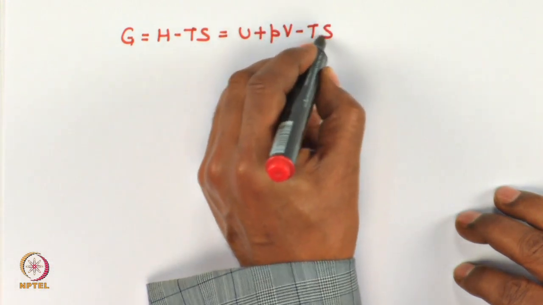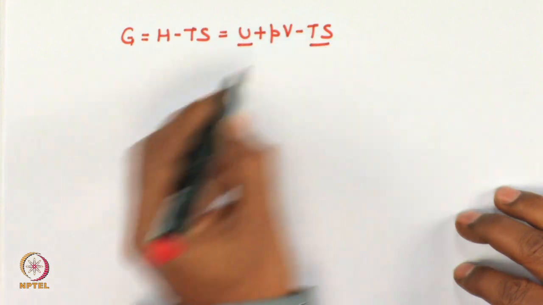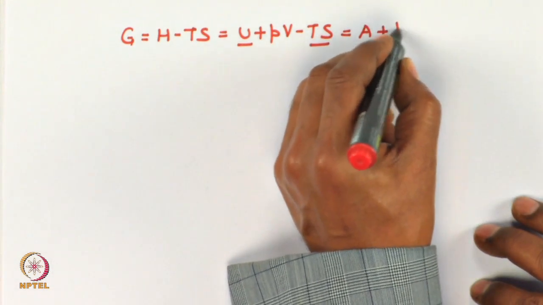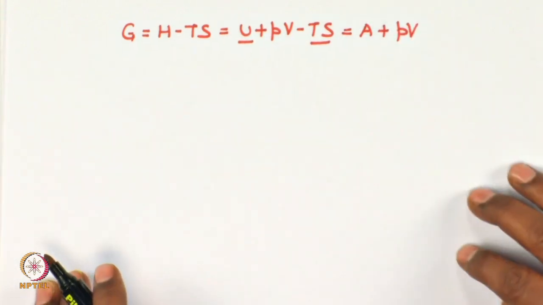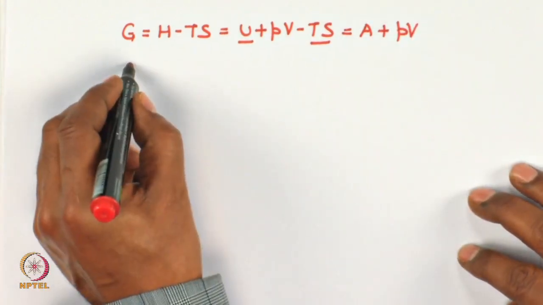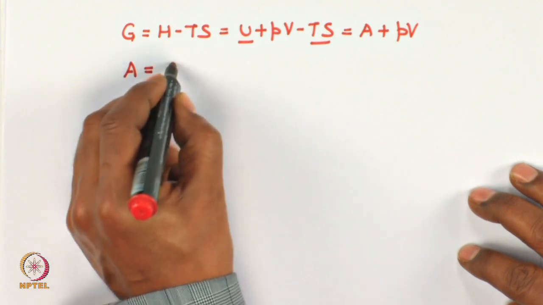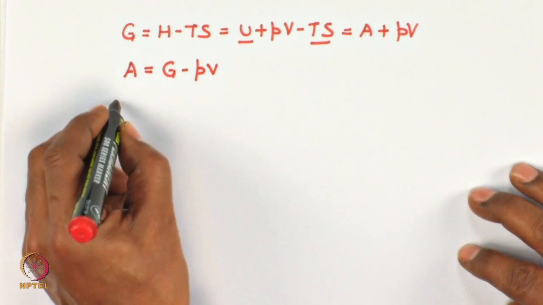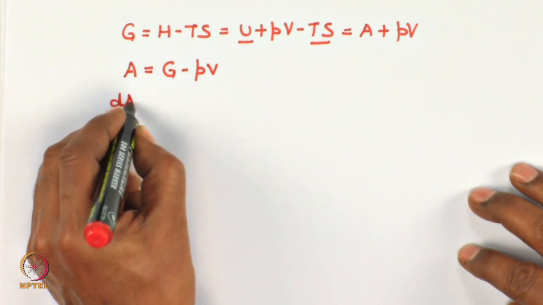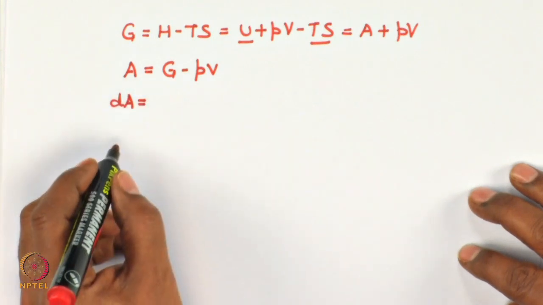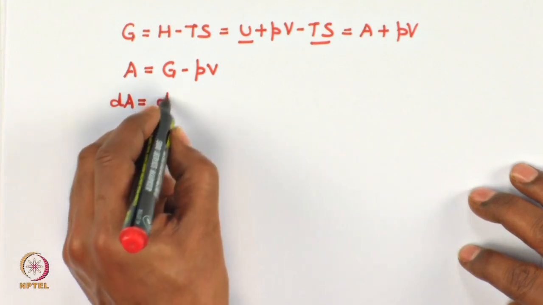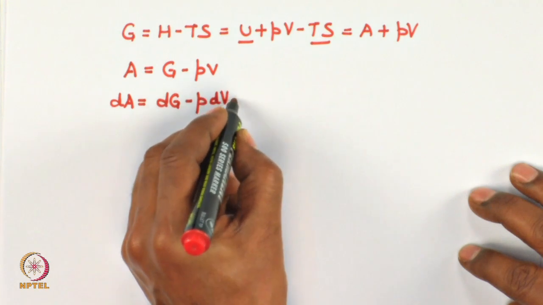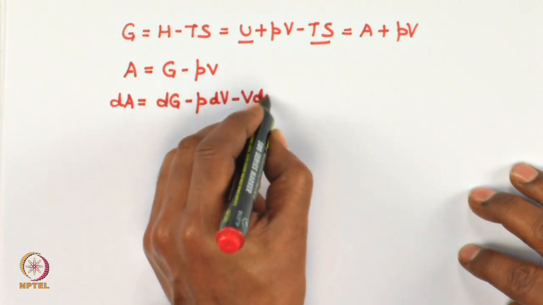U minus TS is equal to A, so G is equal to A plus PV, or A is equal to G minus pressure into volume. dA is equal to dG minus PdV minus VdP.